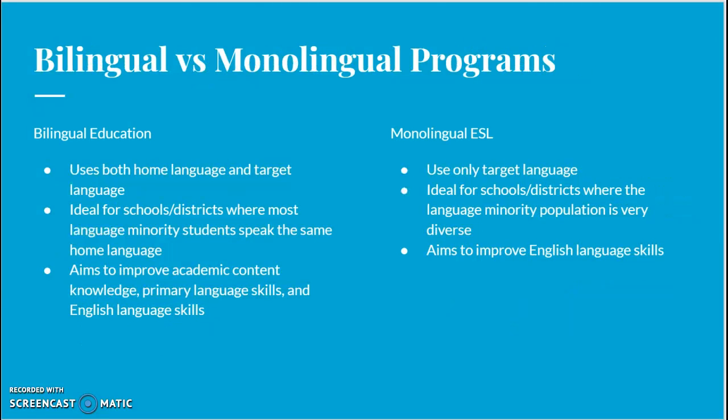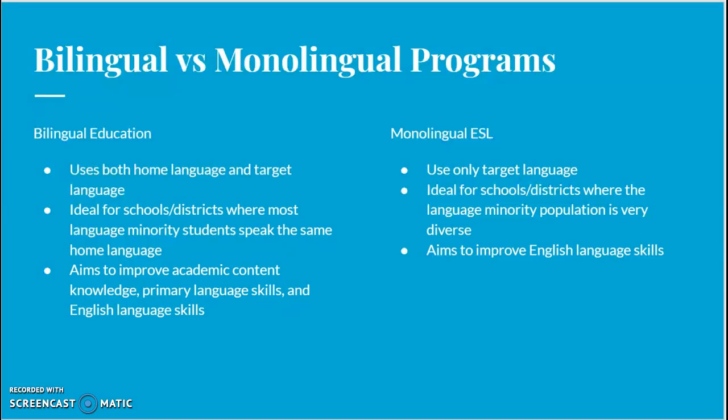Okay. So now we'll compare bilingual programs to monolingual programs. In bilingual education, they use both the home language and the target language for their instruction, whereas monolingual ESL only uses the target language.